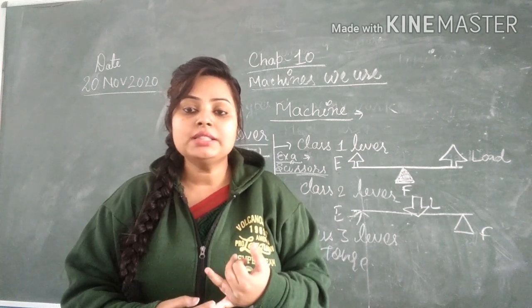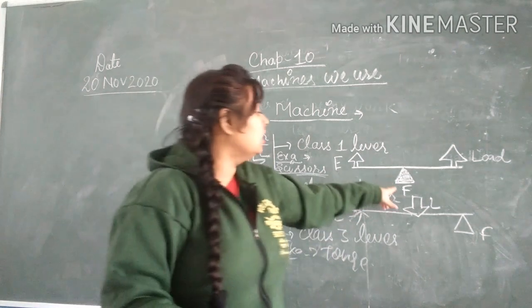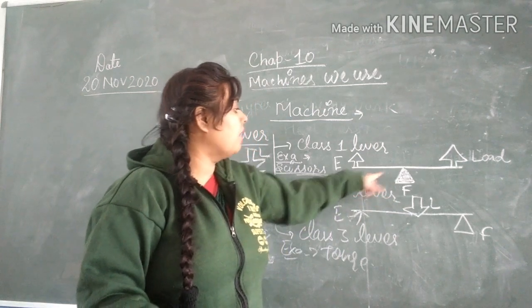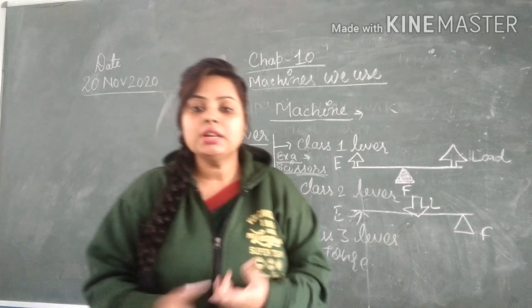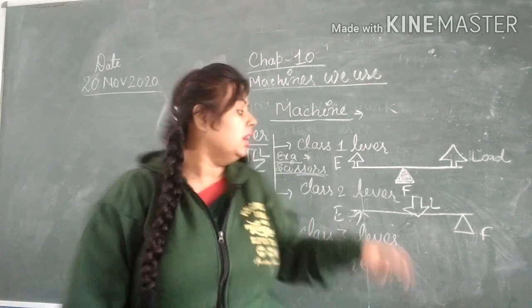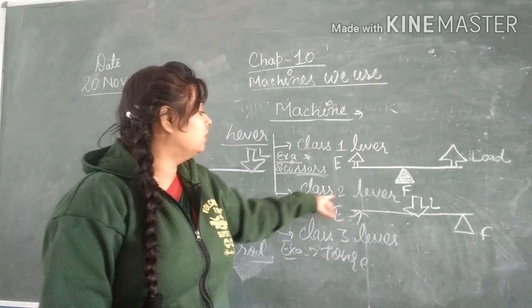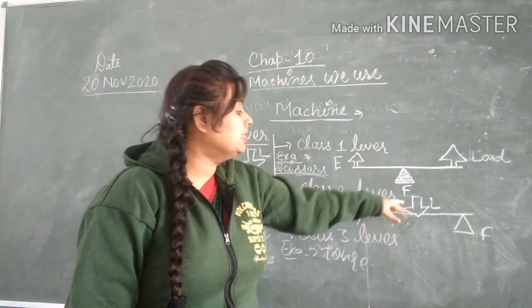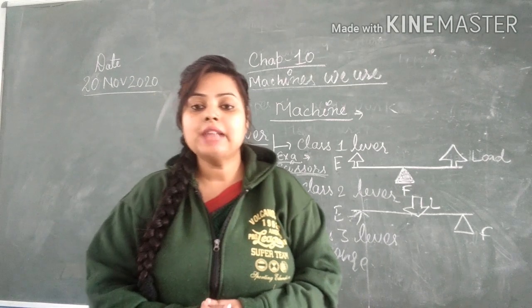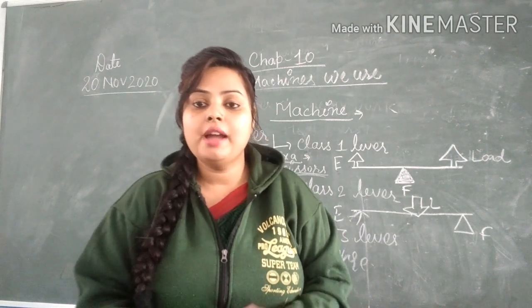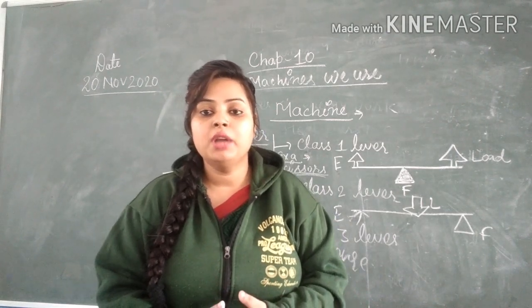In a class 1 lever, the fulcrum is between the effort and load, and an example is scissors. In a class 2 lever, the load is between the effort and the fulcrum, and examples are nutcracker and bottle opener.